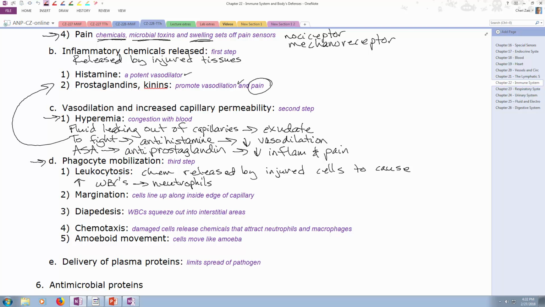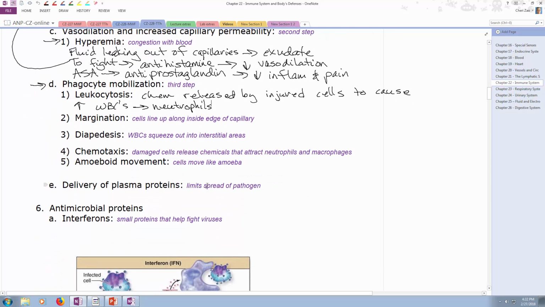for that infectious process. Margination, we talked about that previously when we talked about the blood chapter. Cells line up along the inside edge of a capillary because of actually chemotactic factors. But then they squeeze through the capillary walls, that's diapedesis, and they wander out into the interstitial areas where all this fluid is, which makes it easier for them to move around in all that fluid.